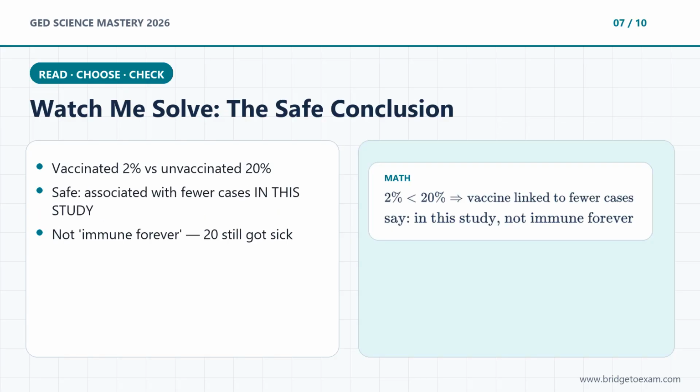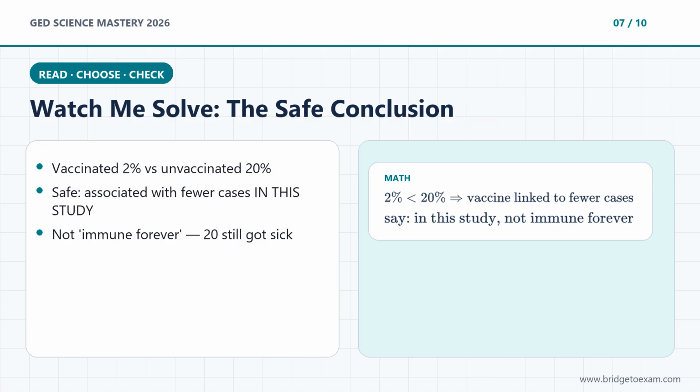Let's draw the conclusion carefully. What do the data suggest, and what is the safe claim? Read. Vaccinated, 2% got the flu. Unvaccinated, 20%. Choose. The vaccinated group had a far lower flu rate, so the vaccine was associated with far fewer infections in this study.